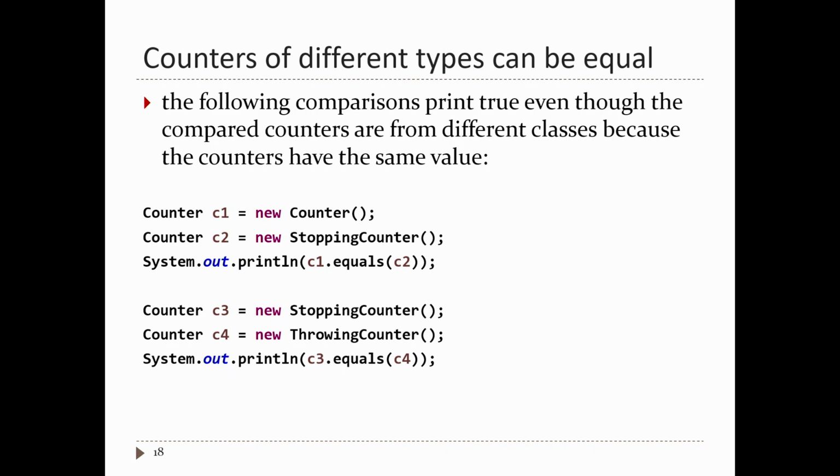Similarly, if I make a StoppingCounter and a ThrowingCounter and ask if they're equal, the answer is also true. In this example, we have not overridden equals in StoppingCounter or ThrowingCounter. We've only implemented equals in the Counter class itself. StoppingCounter inherits equals from Counter. ThrowingCounter inherits equals from Counter.